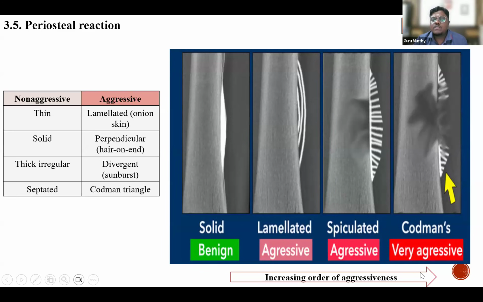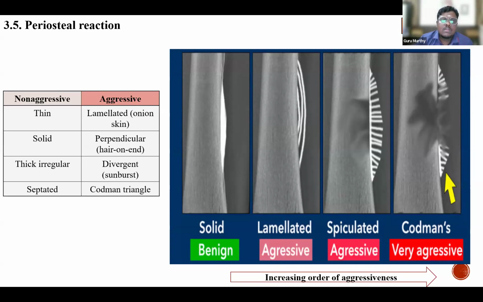So this is the increasing order of aggressiveness. Whenever you see an X-ray, after the initial features we saw, you have to comment about the cortex and the periosteum, whether it is a non-aggressive type of periosteal reaction or an aggressive type of periosteal reaction.